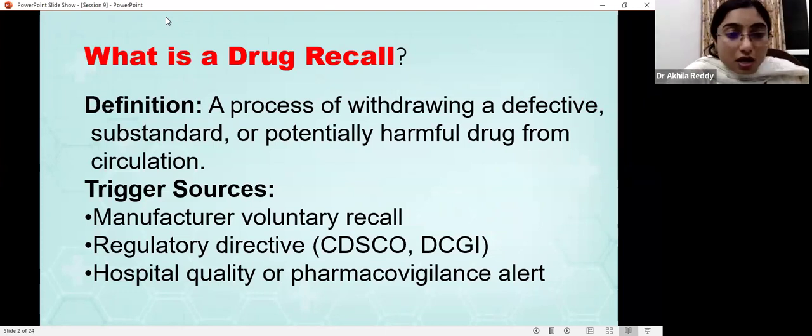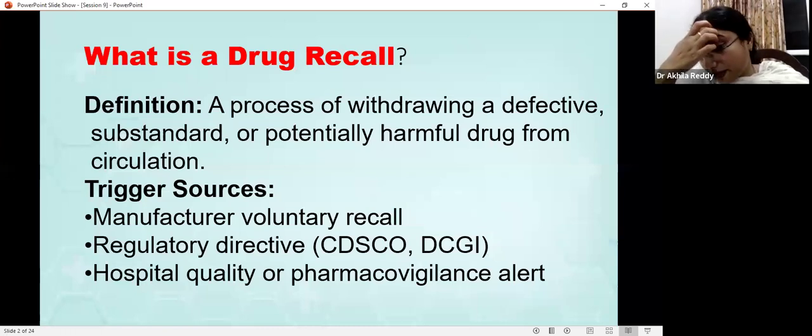So whenever manufacturing is being done, the quality department will be there in every production, in every pharma company. Whenever they go through the quality department, in that department itself, there will be some withdrawal of drugs which cannot be released in the market. In those situations, that recall is called a voluntary recall.